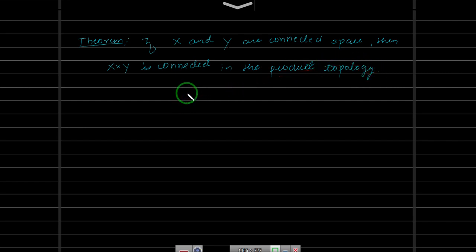So what data we have is both spaces X and Y are connected, and we need to show that X cross Y is connected in the product topology.